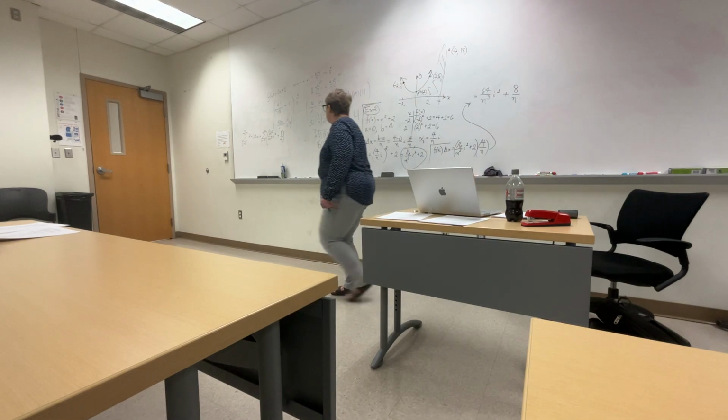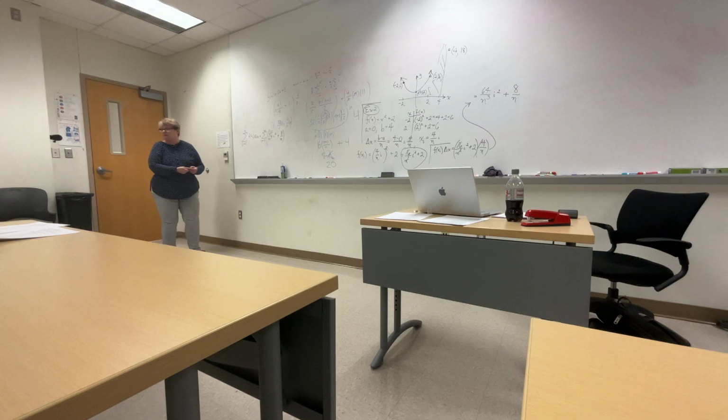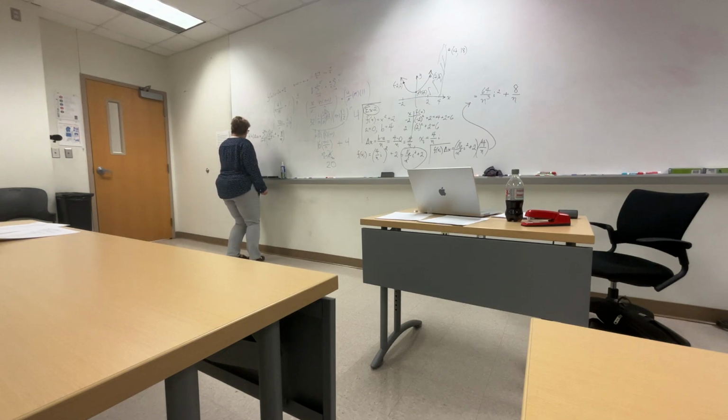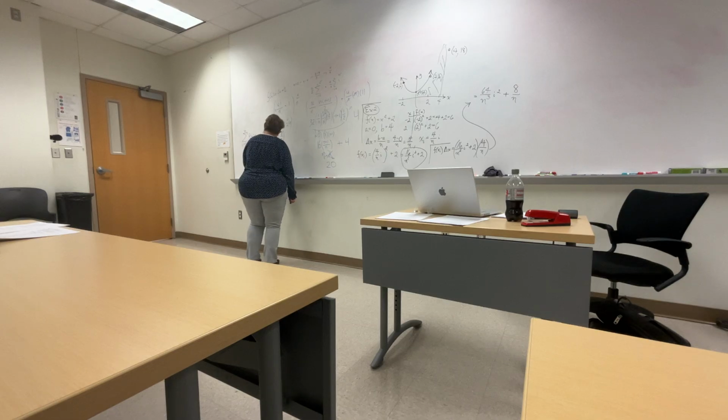So, what do we do here? What can we do? We can separate the sum. Good. So we have the sum as i runs from 0 to n of 64 over n cubed i squared plus the sum as i runs from 0 to n of 8 over n.